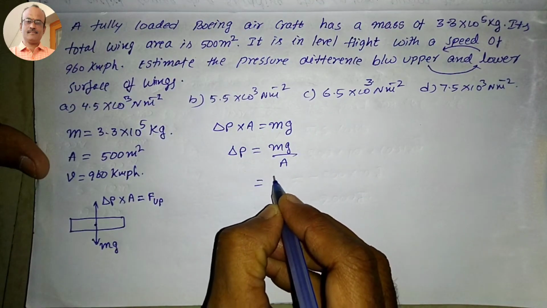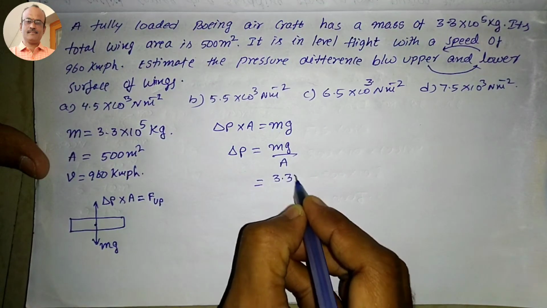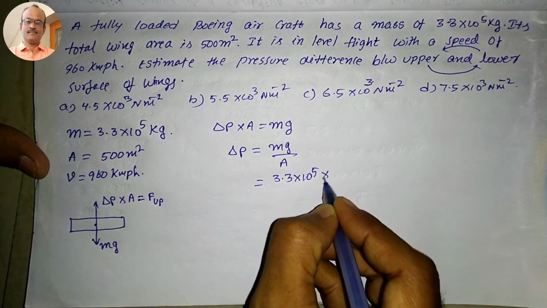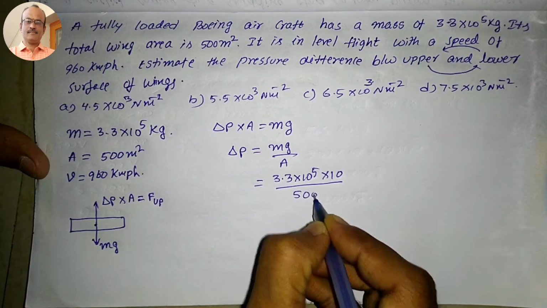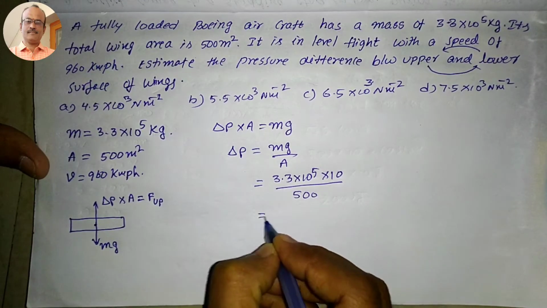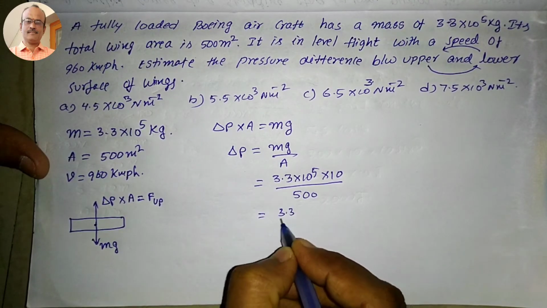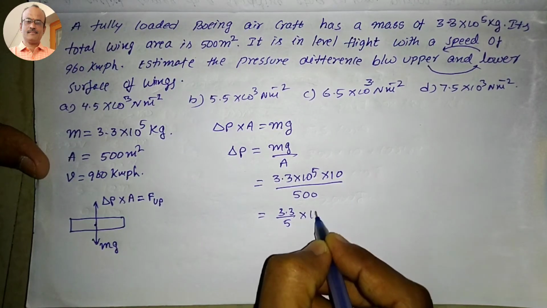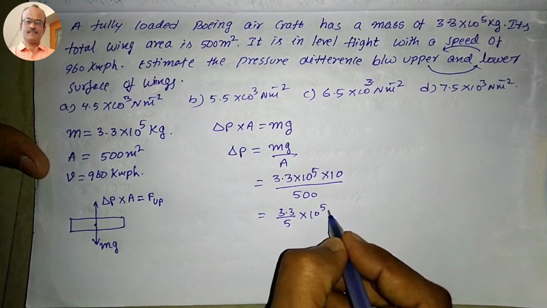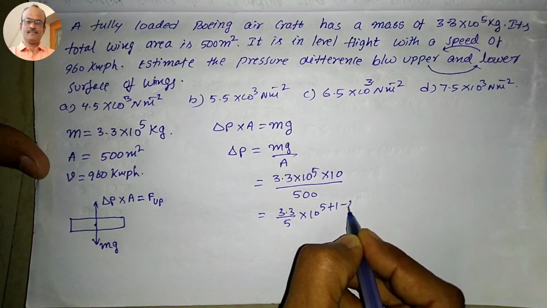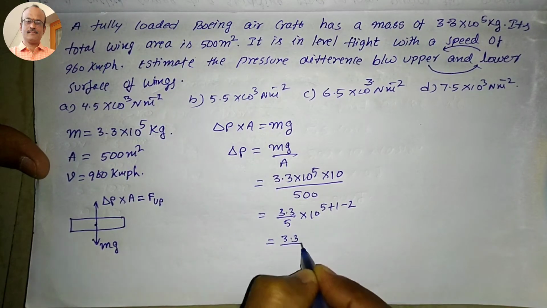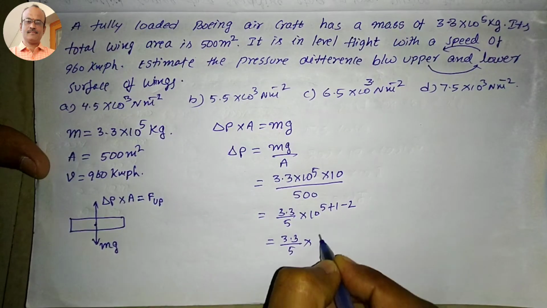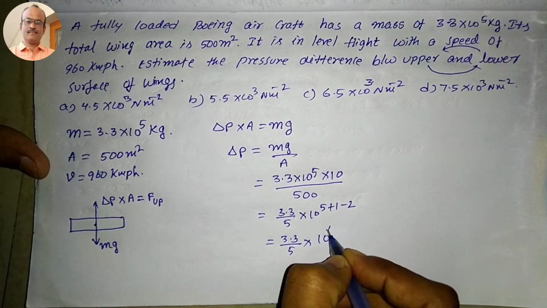So how much is the weight here? 3.3 × 10^5 × 10 divided by area 500. So that means 3.3 divided by 5 into 10 to the power of 5 plus 1 minus 2. On calculation of this, 3.3 divided by 5 into 10^4.